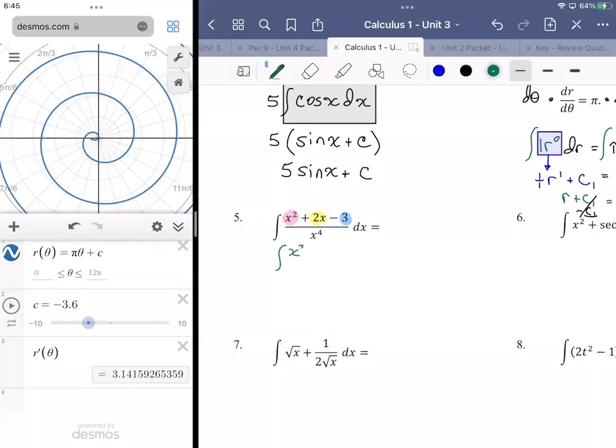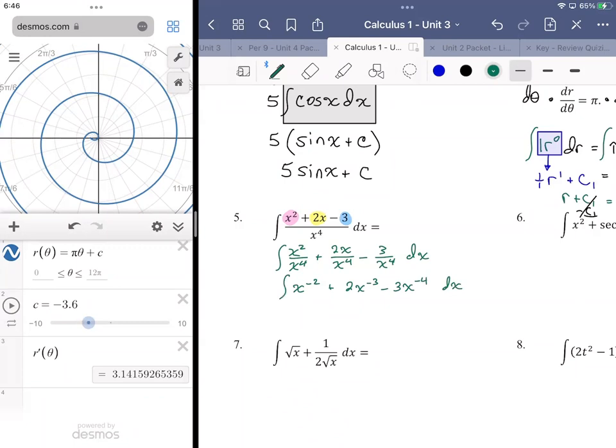So x squared over x to the 4th plus 2x over x to the 4th minus 3 over x to the 4th, all dx. So then get it into power form. So keep the base, subtract the exponent, x to the negative 2nd, right, plus 2x to the negative 3rd minus 3x to the negative 4th, dx with our integration symbol.